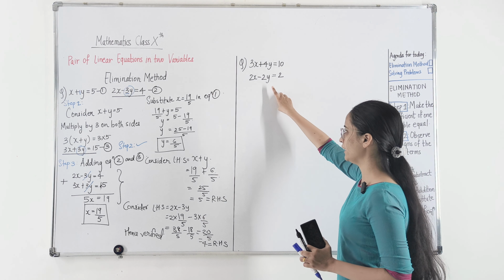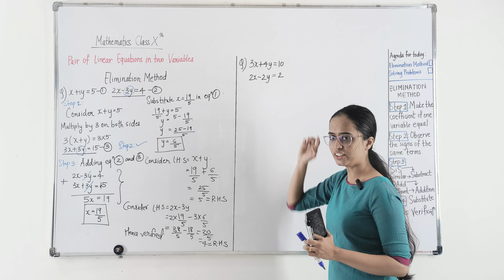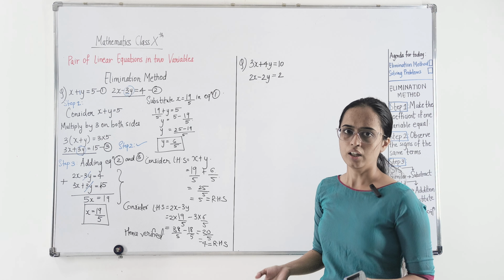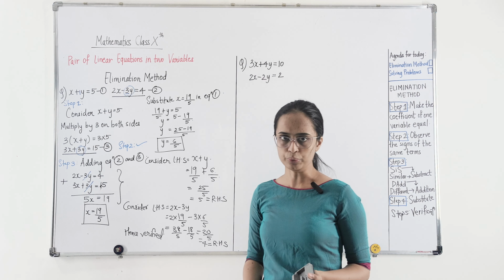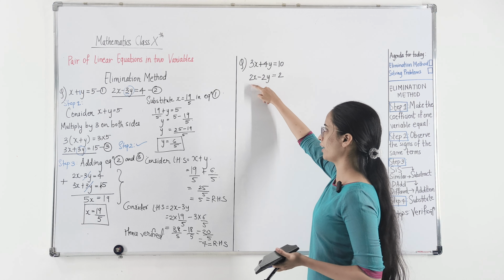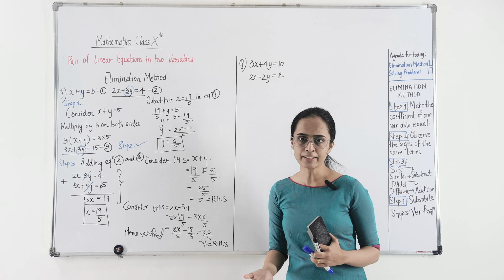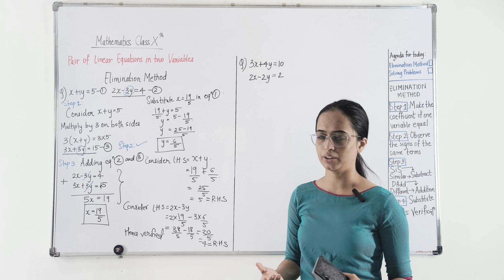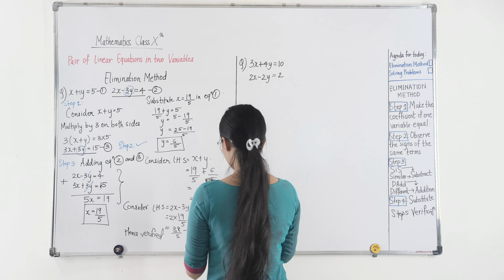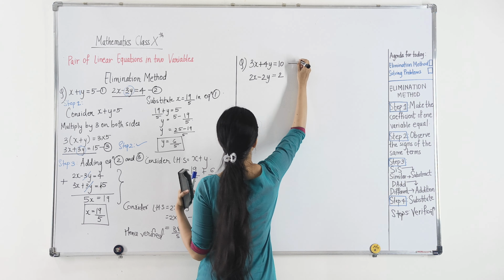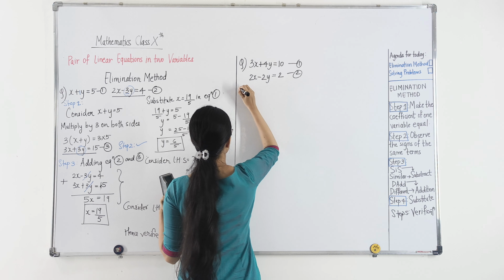So here I would be changing 2 to 4, and changing 2 to 4 is simple. You just have to multiply by 2 so that your 2 becomes 4. But that is not the case over here. You cannot make 3 into 2 or 2 into 3, because they are not multiples of each other.